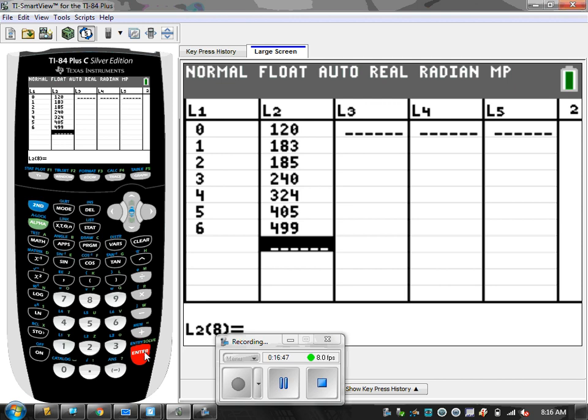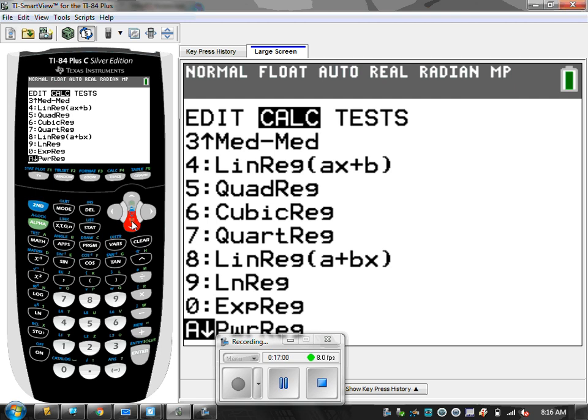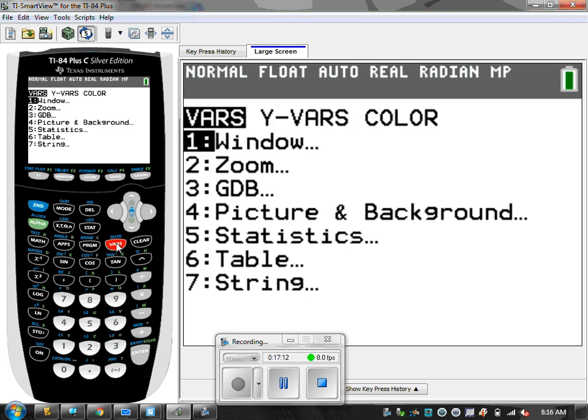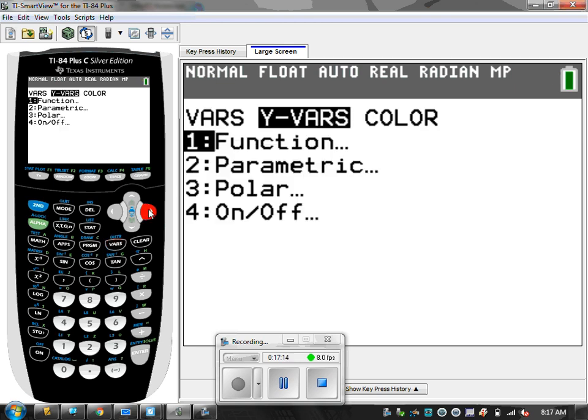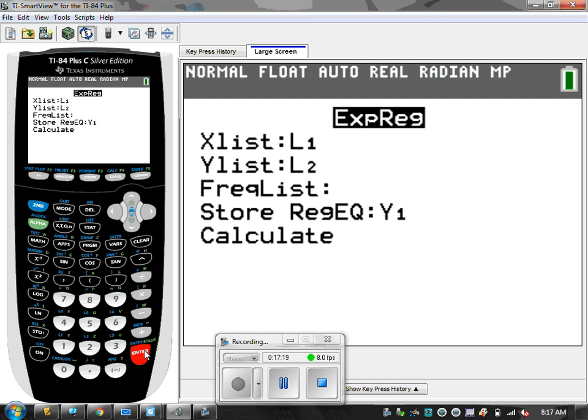So now I hit stat, and I want to calc. The exponential regression. L1 and L2 is where I want it, but now I need to store the regression equation. That's where you hit vars over to y vars, and we want it to go in y1 so that it'll store it in our equation y equals.